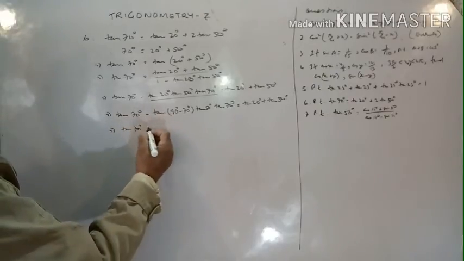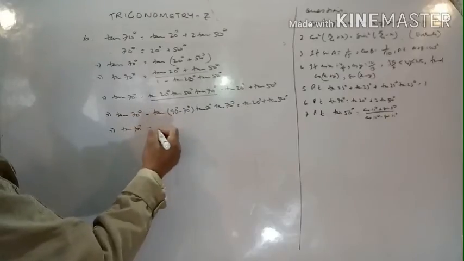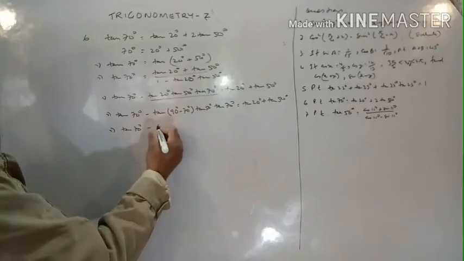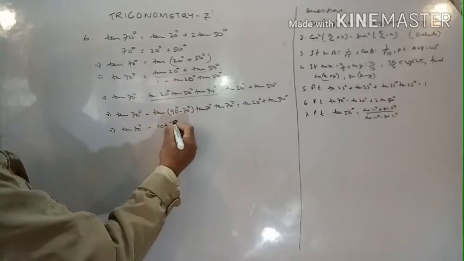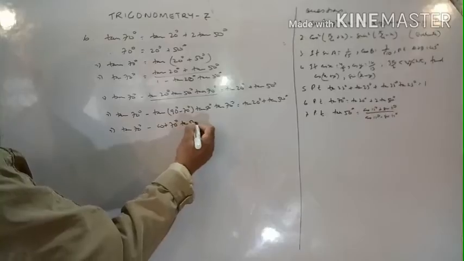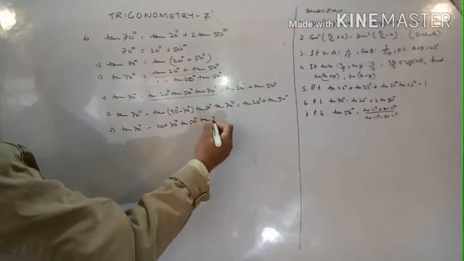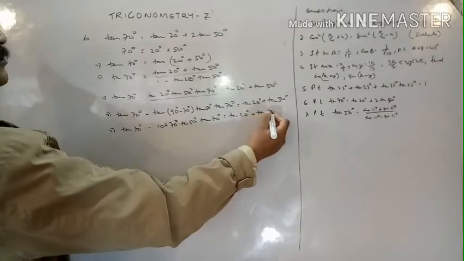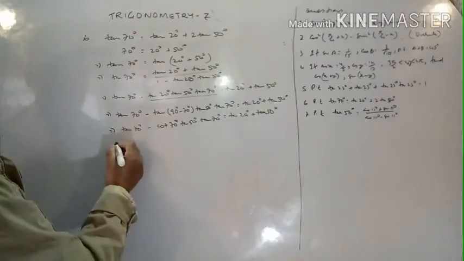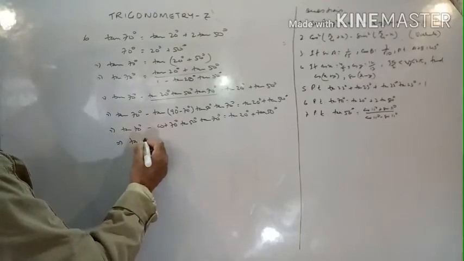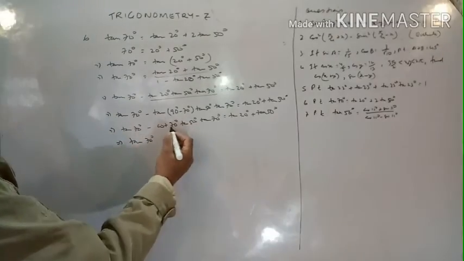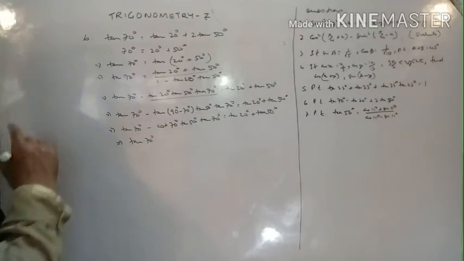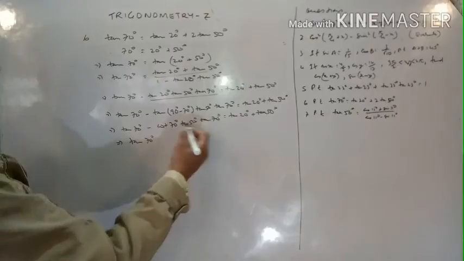So tan 70 is equal to minus, first, tan of 90 minus 70. When 90 minus the angle is taken, the ratio changes, tan will change to cot 70 degree, into tan 50 degree into tan 70 degree, equal to tan 20 degree plus tan 50 degree. Now cot 70 and tan 70 are reciprocal ratios, so the product is 1.